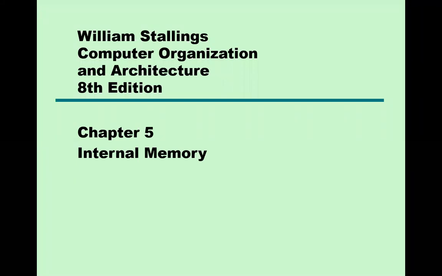Okay, so from the last lecture we have started unit number 4. So first, briefly recap. I want to recapitulate what we have discussed in the last lecture. Mainly, in the last lecture we have seen the characteristics of the memory system.